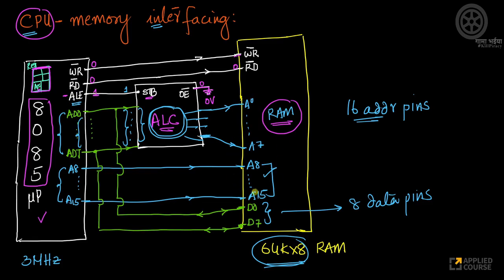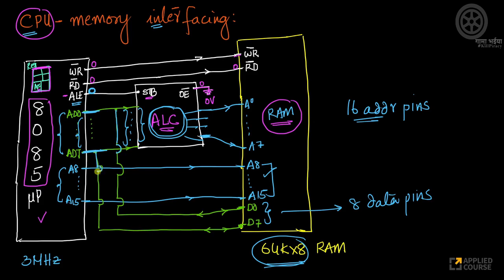Now that I have sent the address first, I want to either read or write data. To do that, very importantly, my ALE should become 0. My ALE becomes 0. Look at this: my AD0 to AD7 are also connected. Whenever I have this, it means this wire is going over this wire.